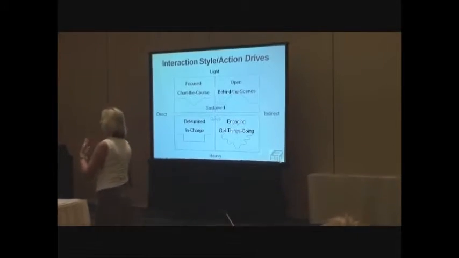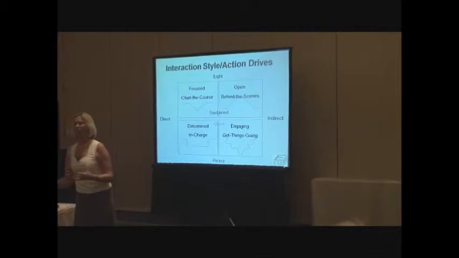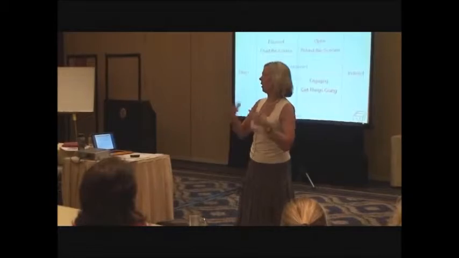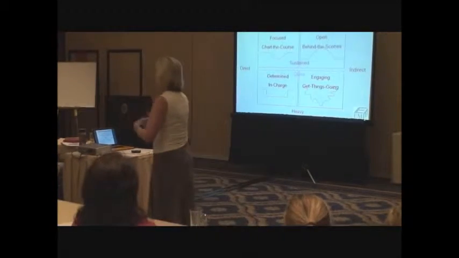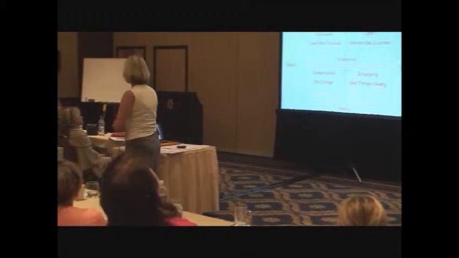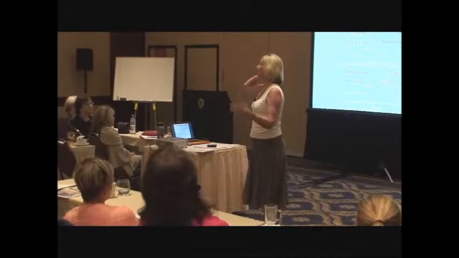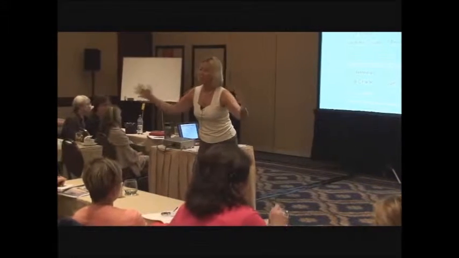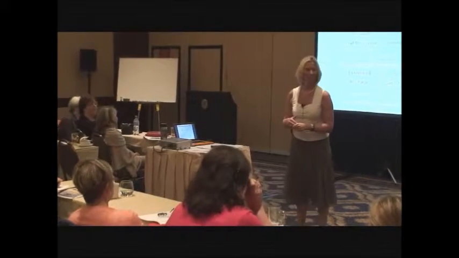Next one is, how do you use time? Do you move through time quickly? It feels like you're in a rush. Lots of things happening very, very quickly. So which 2 interaction styles is that probably correlated to? In charge and get things going, which would correlate with the extroverting preference.